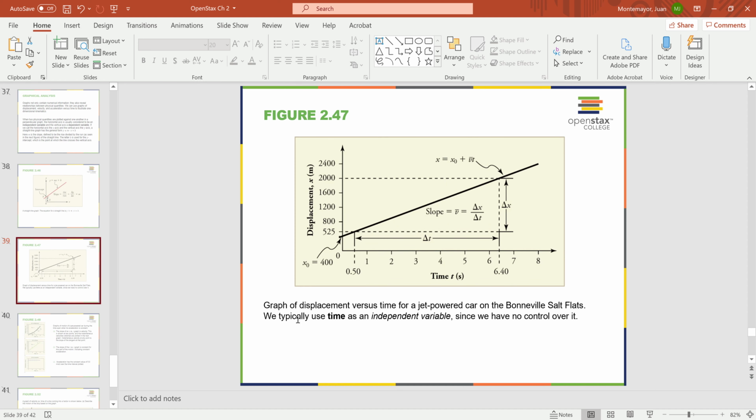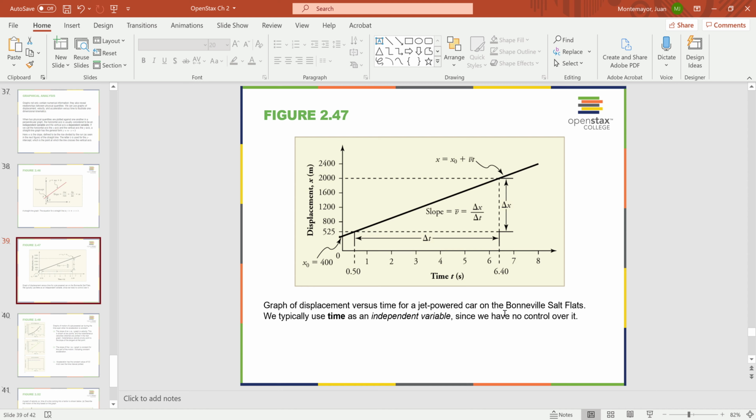Okay, so this is a graph of displacement versus time for a jet-powered car on the Bonneville salt flats. We typically use time as an independent variable since we have no control over it. So time, for the most part, will have to be on the x-axis because it is independent.